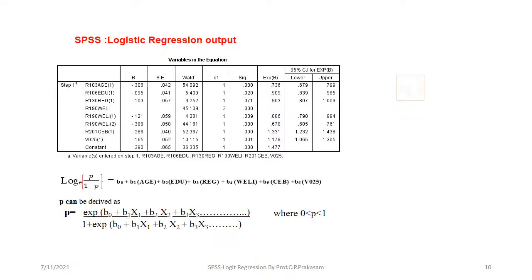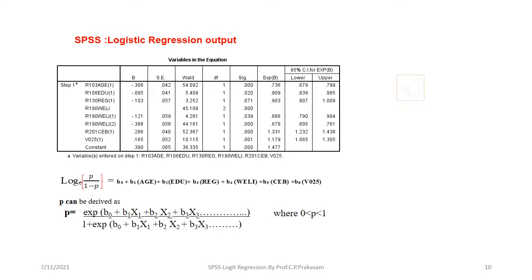In the logit regression calculation using SPSS, the table of variables in the equation is important for us. It contains all the information related to the logit regression, that is beta, standard error, Wald test, degrees of freedom, significance, expected beta, and lower and upper limit of the confidence interval of the expected beta.